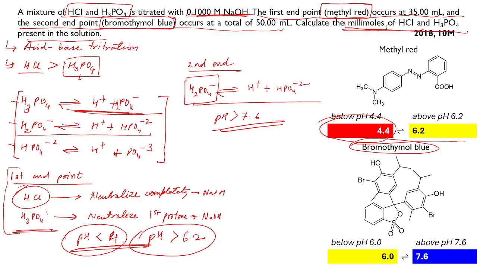As you can see, whatever amount of NaOH is used equals the amount of HCl and H₃PO₄, so we are going to solve this by volume calculation. The concentration of NaOH is 0.1 molar, right? And we need to convert it into millimoles because they are asking for the answer in millimoles. So how are we going to solve it?